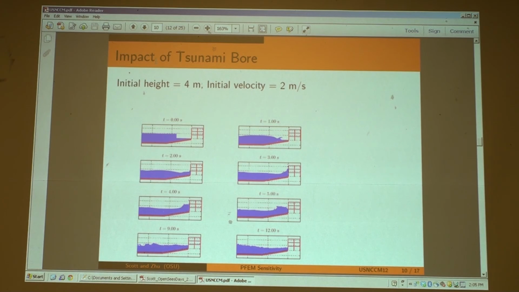Depending on what you're doing, whether or not it vibrates is kind of moot. If you're looking at a bridge deck and the tsunami comes, you're just looking at whether the buoyancy and uplift forces are enough to unseat the bridge deck, in which case you're not concerned with how it vibrates. But you're right, it would damp out the vibration.